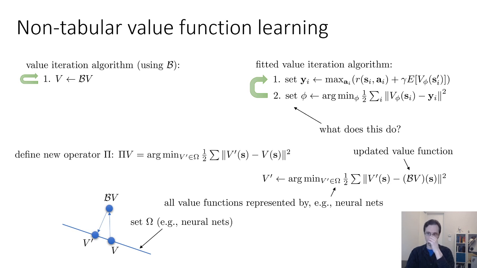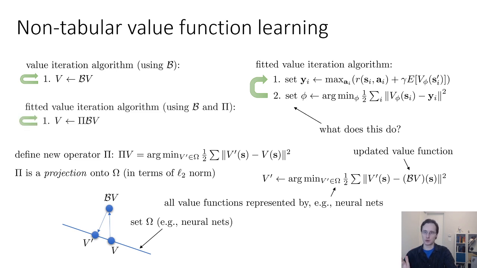So we can define this as a new operator. We can call this operator pi for projection. And we're going to say that pi v is just the argmin within the set omega of this objective. And this objective is just the L2 norm. Now, pi is a projection onto omega in terms of the L2 norm.